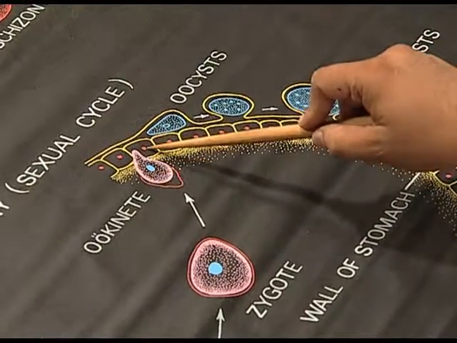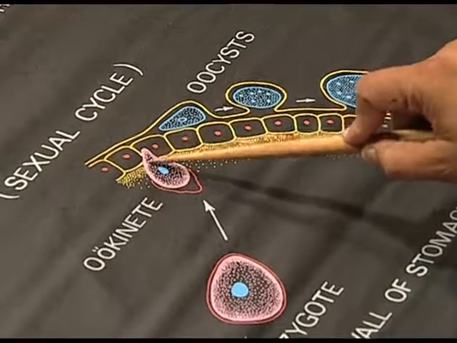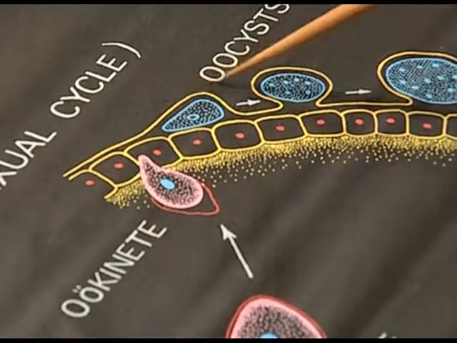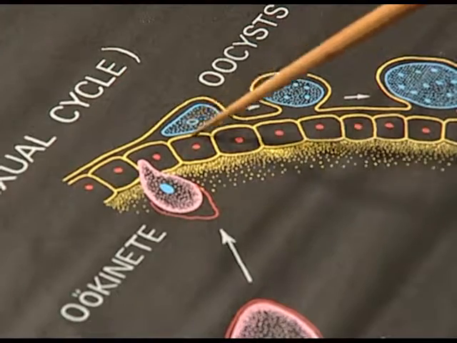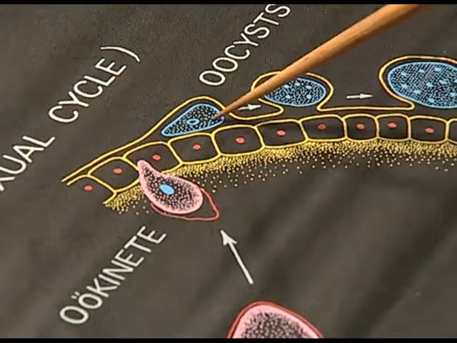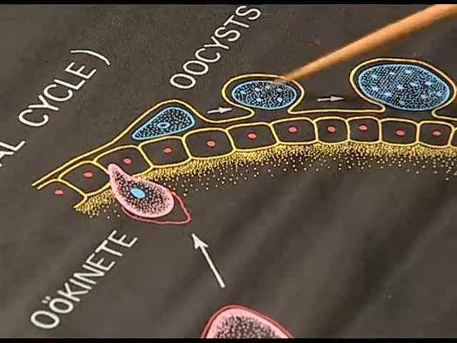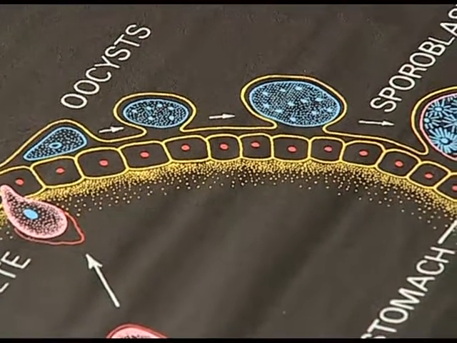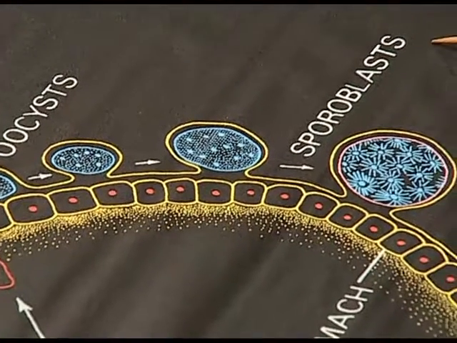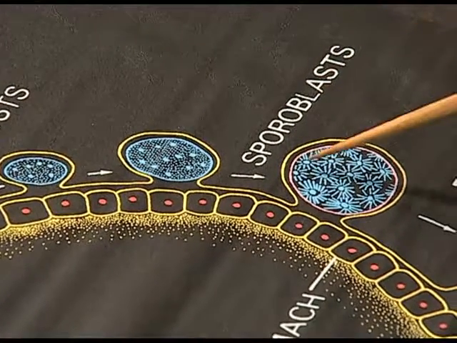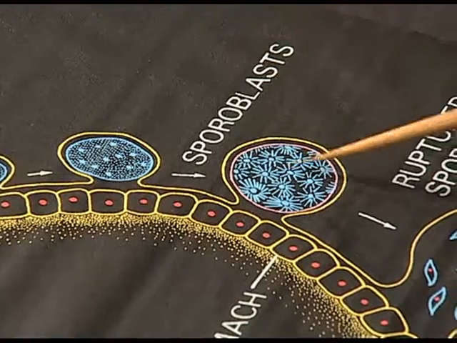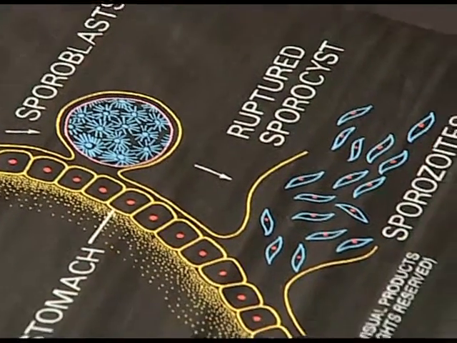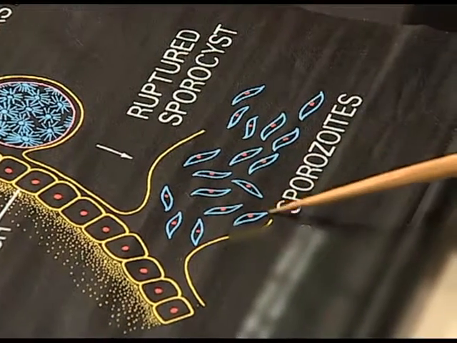This will go through the alimentary canal, and you can see the space between the wall and the membrane of the alimentary canal. In between, it settles down and grows further. After mitotic division, it forms the sporoblast. Again, when the carrying capacity is exceeded, it ruptures and the sporozoites are liberated into the body cavity.